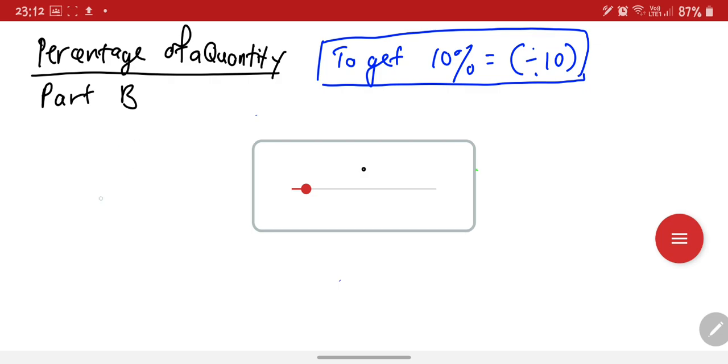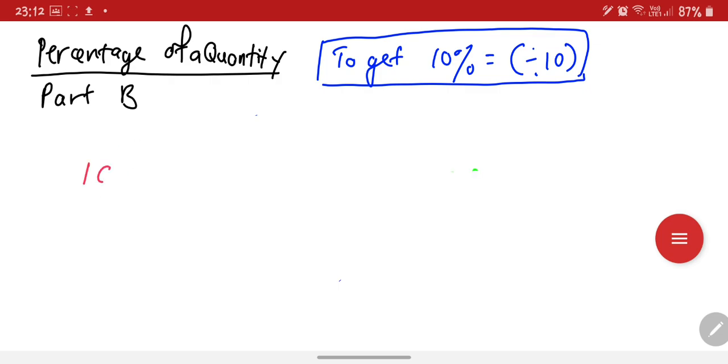Same, I will always start with 10% to make it easier. So 10% of 150. So 2 digits are not 0, 1 digit is 0. So now this would be easier. Why? Okay, 10% of 150 is how much?